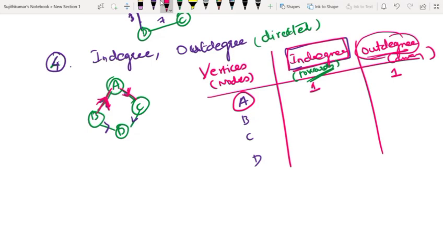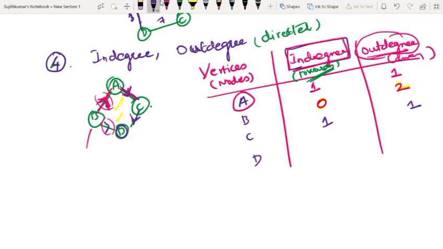For B, both edges are going away, they are not incident. So in degree is 0 and out degree is 2, because nothing comes inside B, both edges are going outside. For C, one is coming inside and another one is going outside, so in degree is 1, out degree is 1.